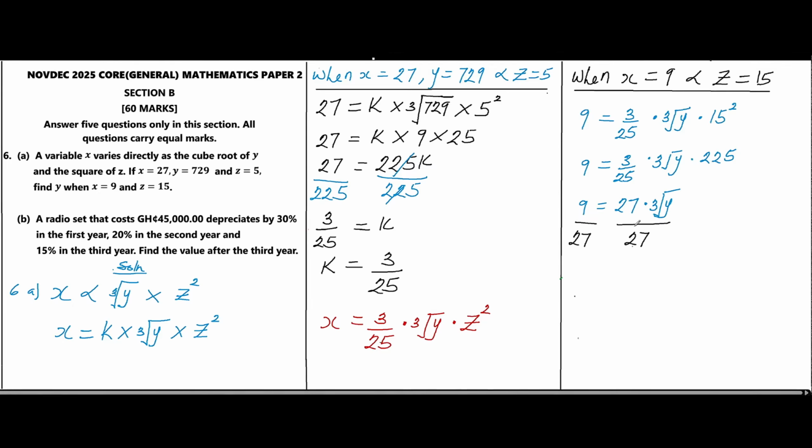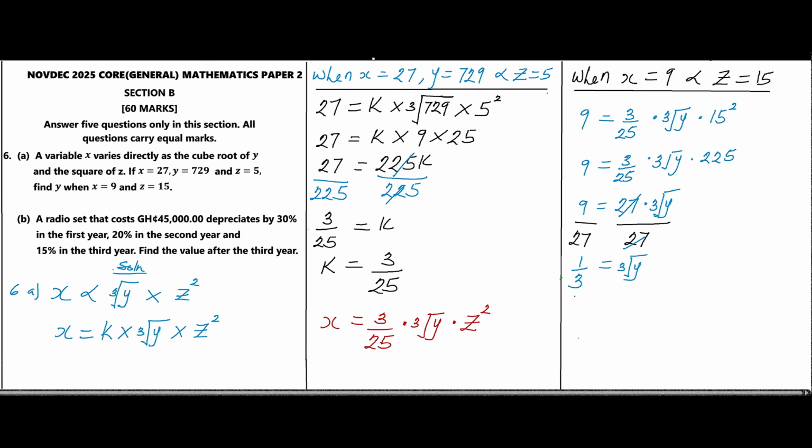So 27 will cancel out, leaving 9 on 27. So 9 on 27, this is simplified as 1 on 3. So 1 on 3 is equal to the cube root of y.